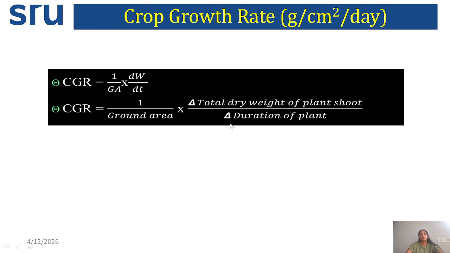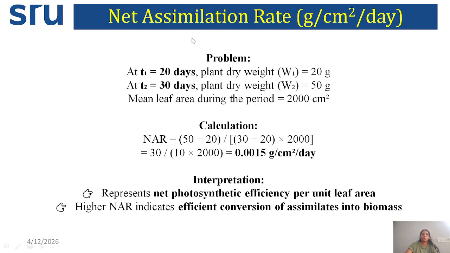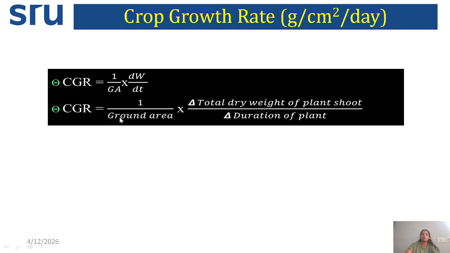Coming to crop growth rate: if you want to measure the crop growth rate, we use ground area. Here we use leaf area, there we use the ground area of the plant. So 1 by ground area is nothing but spacing, with the same dW by dt. dW means total dry weight of the plant shoot, dt means duration of the plant.